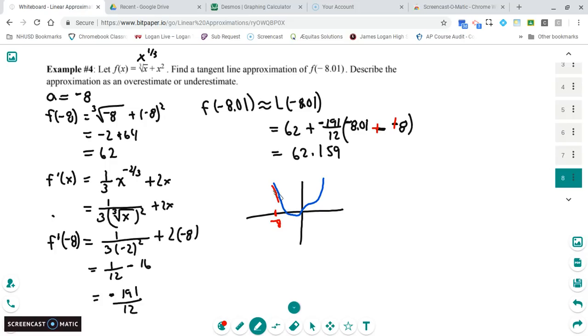So the tangent line is under the curve, and therefore this is an underestimate once again. Okay, I didn't calculate f of -8.8. Go ahead and evaluate that, and you should see that that number should be below this one. Okay, that's it. Let's get to practice.